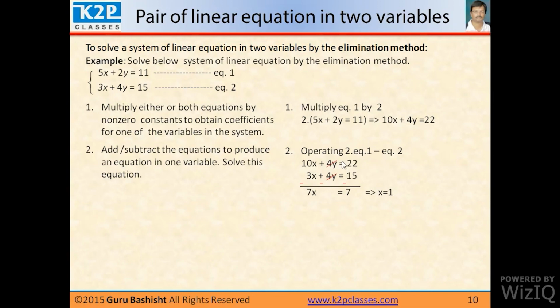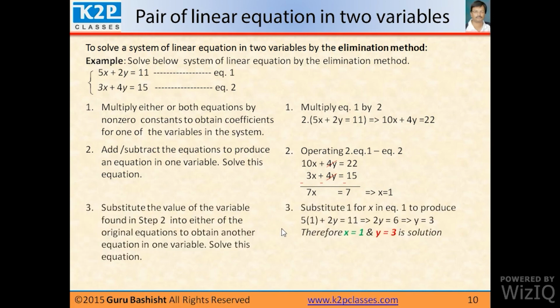So the value of y is 3. The last step is again to check the solution, and in both the equations if we put x = 1 and y = 3, we get the right answer. So 1 and 3 are the solution of the given system of linear equations.